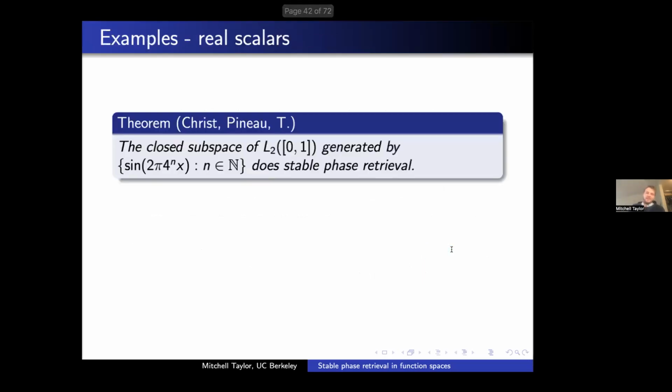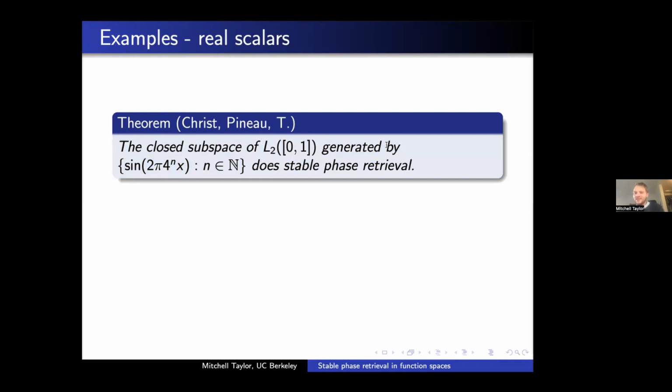The simplest example that works is, let's consider L2 of the unit interval. Let's consider the functions sine of 2 pi 4^n x, where n runs through the natural numbers. Let's take the closed subspace generated by this set, and this subspace will do stable phase retrieval.